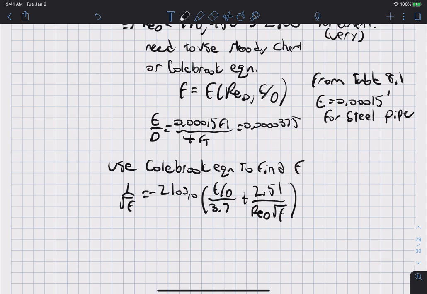Okay, and if you put in epsilon over D and Re_D, and stick in the numbers again, in homework, show your work please, you'll find that f is equal to 0.01284. Okay, and so we now know f.